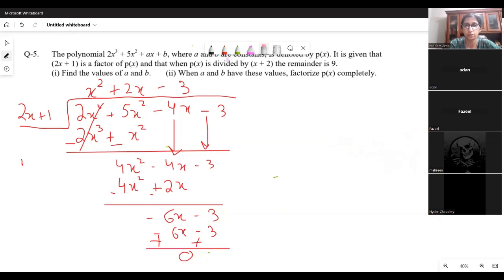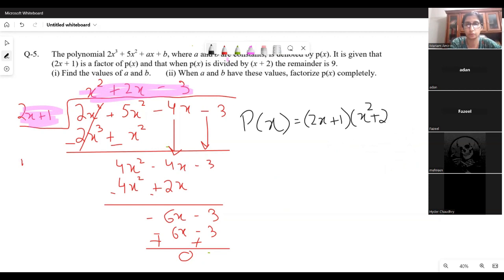Okay. So now we can factorize p(x) completely. p(x) would be the product of this and this. It's going to be 2x plus 1 and x square plus 2x minus 3.